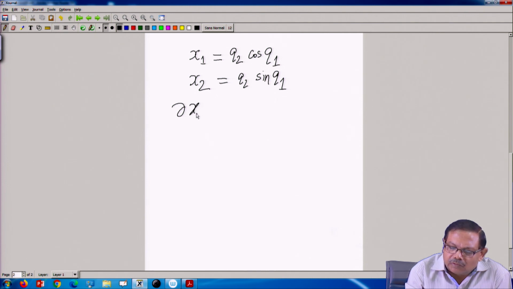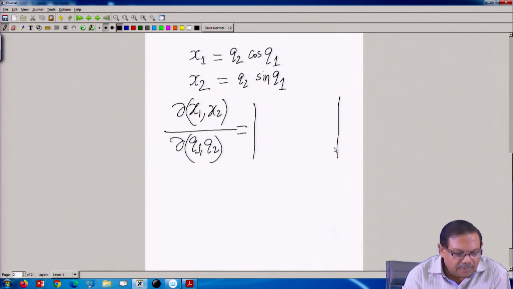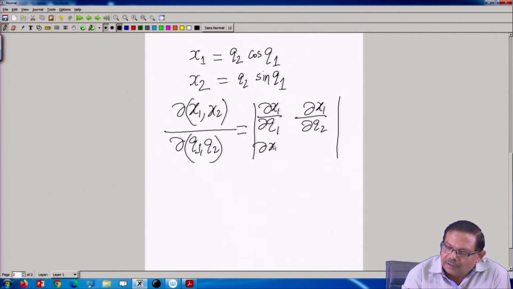So, the Jacobian from x1 x2 to q1 q2, and the determinant of that means what? I have to take the partial derivative of x1 with respect to q1 and with respect to q2, and similarly the partial derivative of x2 with respect to q1 and with respect to q2.